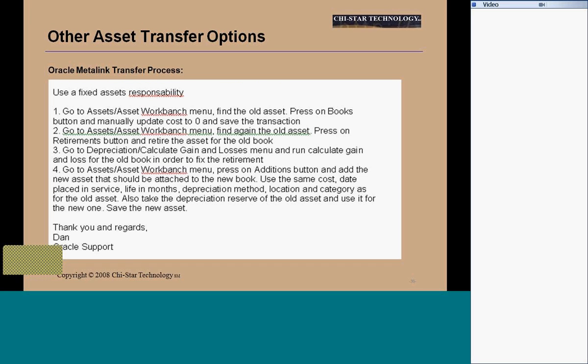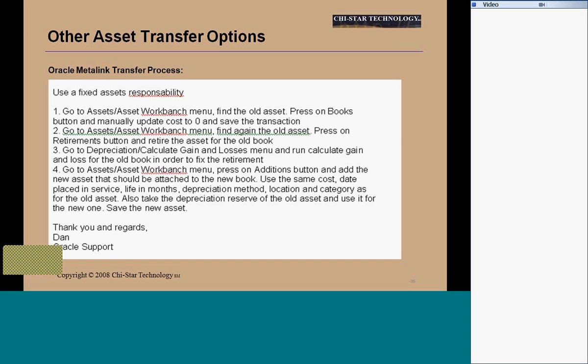One of the things that has been discussed in that process is to eliminate the need to offset your gain and loss accounts and to get out of having to do that. It's been noted out there in Metalink that many companies do not like to have a retirement go to gain and loss in a transfer scenario.